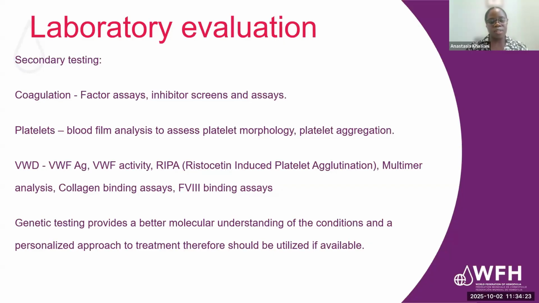These are the tests that can help you with detecting where the abnormality is in your type 2 patient. Genetic testing provides better molecular understanding of the conditions, and therefore a personalized approach in treatment. So if it is available, it is good for you to utilize it.